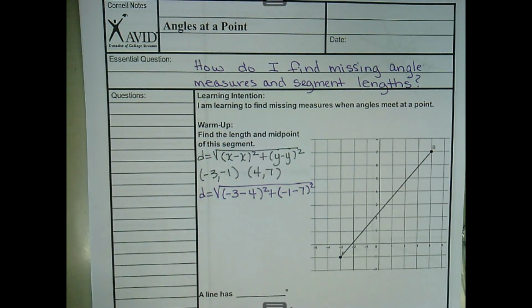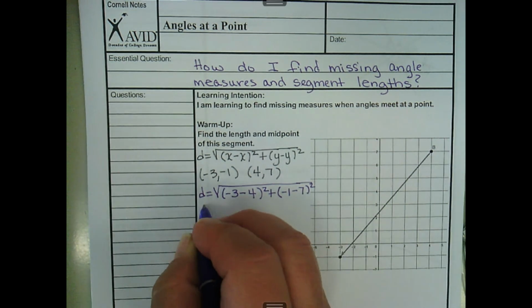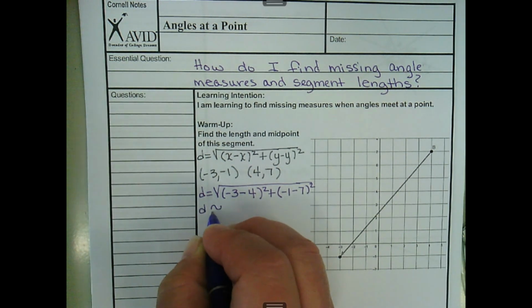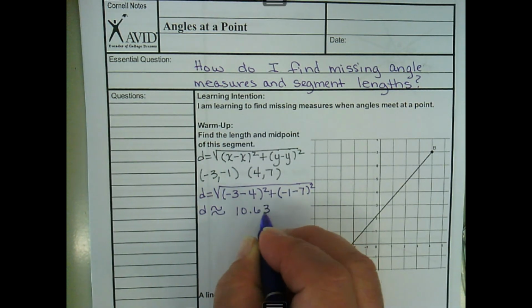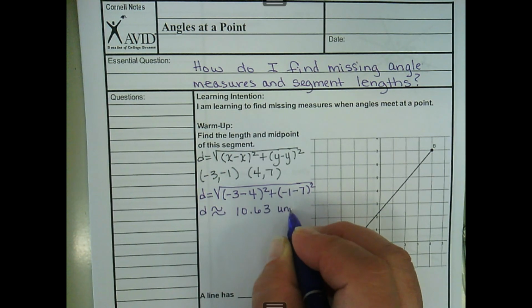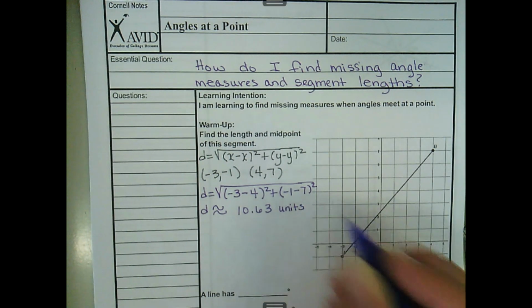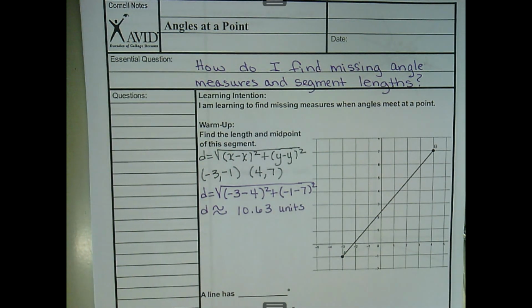Put that in your calculator and you should have gotten what? Your distance is approximately 10.63 units. Because it's on a Cartesian plane, we have to use units as our identifier.